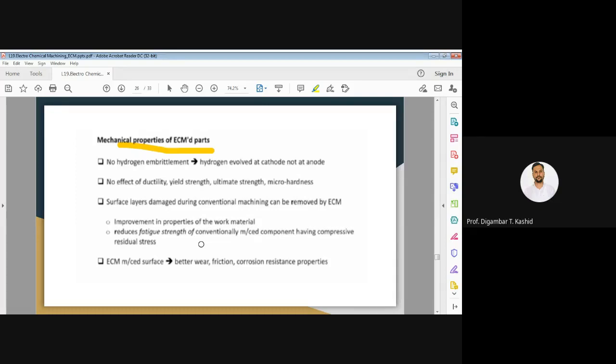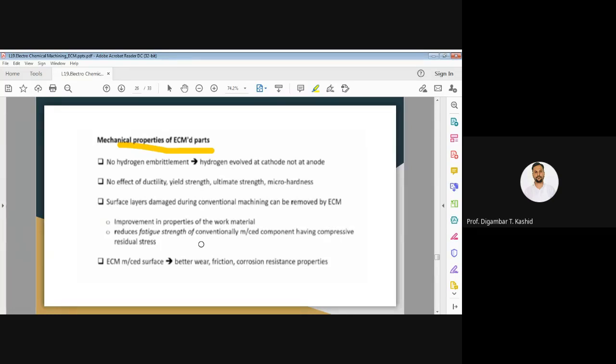It is not generated at the anode surface, and the anode is basically used as the workpiece. As hydrogen gas is not generated at the anode, there is no chance of hydrogen embrittlement in the workpiece. So the effects on ductility, yield strength, ultimate tensile strength and microhardness, these things do not change in the electrochemical machining process.